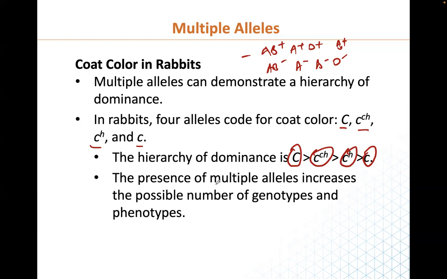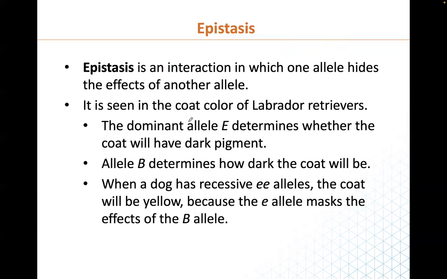So the presence of multiple alleles increases the possible number of genotypes and phenotypes. The meaning is when the number of alleles responsible for a specific trait is more, there would be a higher possibility of genotypes and phenotypes of the individual.